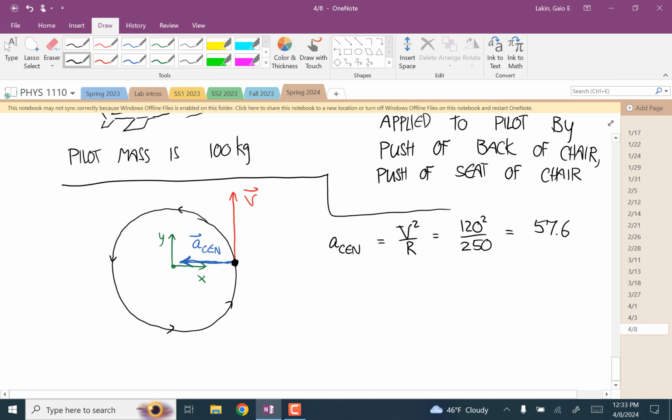What are the units? Yep, this is a type of acceleration, so it has acceleration units, meters per second squared. And now if we want to put this in a vector form, you can see that that blue vector is in the negative x direction. So the centripetal acceleration is negative 57.6 for x, 0 for y.